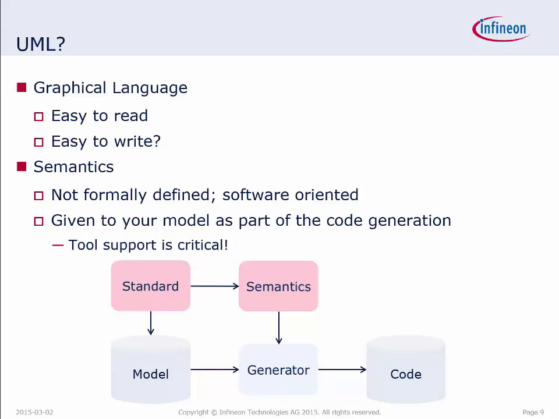That means you have to think about formalizing the semantics in your generator. And that's why, of course, tool support is quite critical here, because if it does not fit your semantics or the semantics was not correctly interpreted, it might be a problem. Integrating the semantics in your generator.